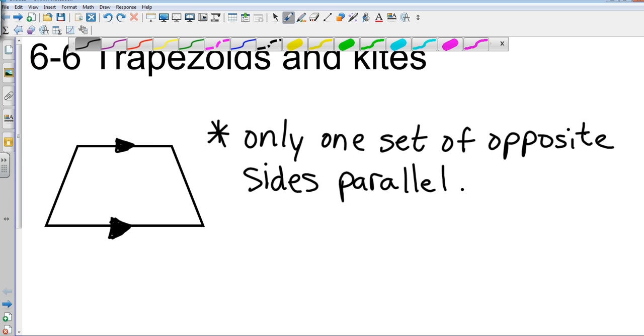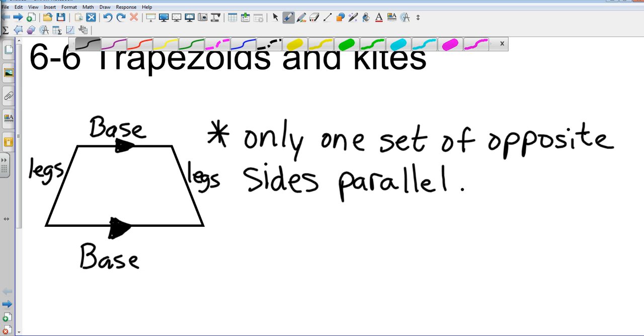This is a base. And if I flipped it upside down or any other direction, this could be the base. And that makes the opposite sides that are not parallel legs. Okay, so I've got bases and legs.